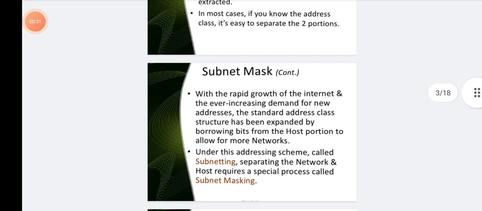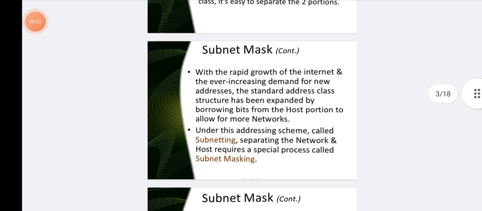Next, the main content of the subnet mask. With the rapid growth of the internet and ever increasing demand for new addresses, the standard address class structure has been expanded by borrowing bits from the host portion to allow more networks.